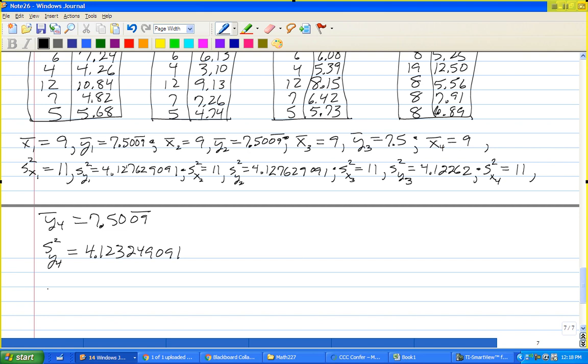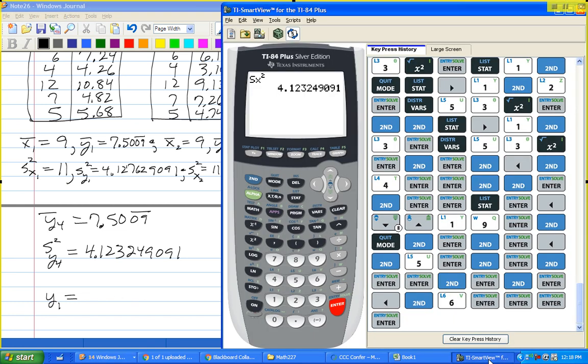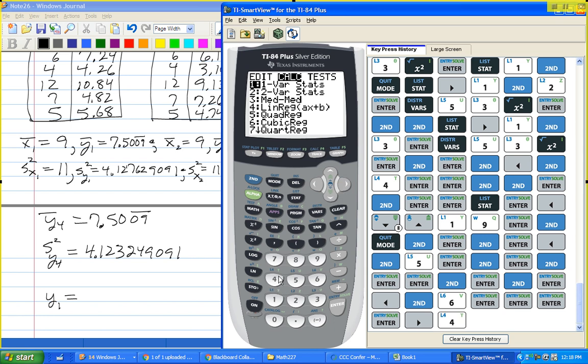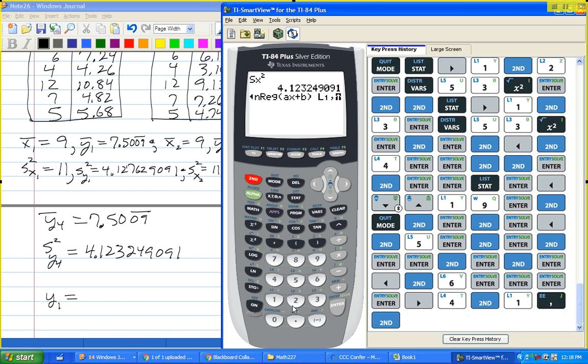So to figure out the regression line, let's do linear regression. And let's do the 1 and 2. So L1, L2, 5, 3 zeros. 1, 2, 3 zeros, and then a 9.